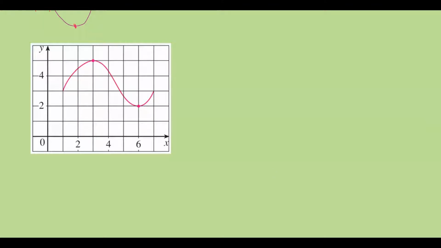All right, let's start by analyzing this picture. At this point, which has the coordinate (3, 5), that is the largest value on this pink line. Another point, down here, has the coordinate (6, 2), and that is the smallest value.